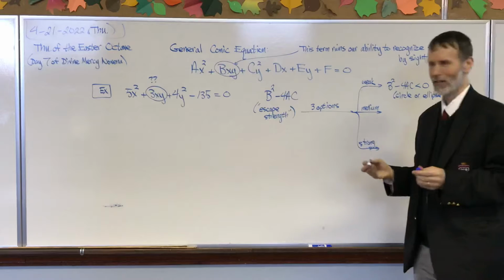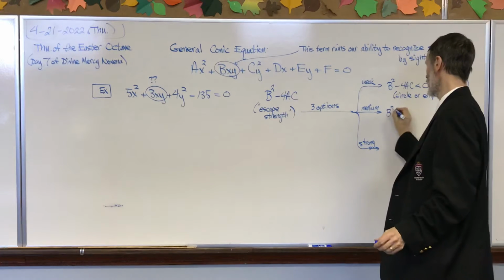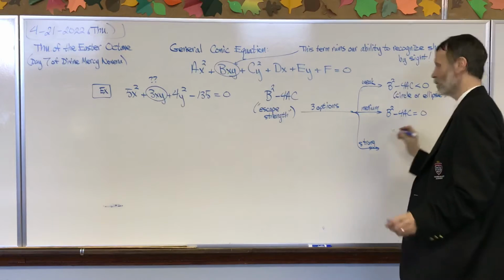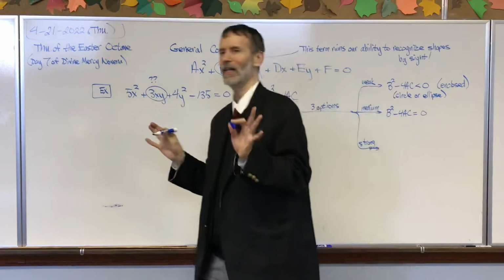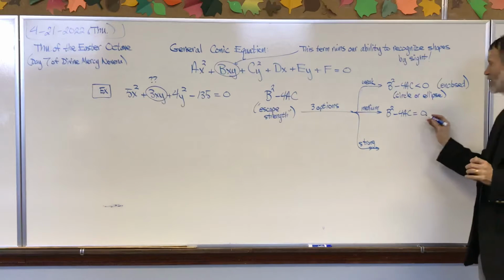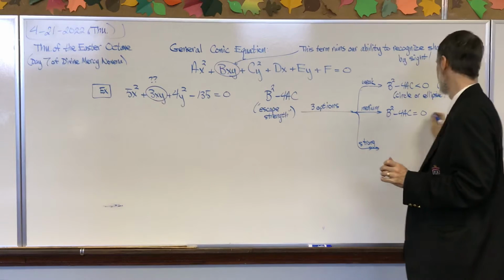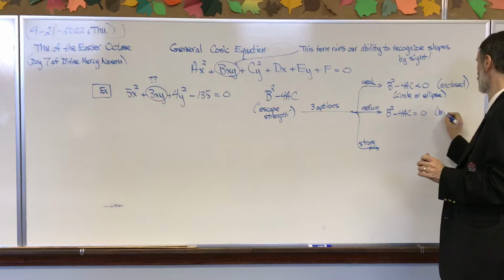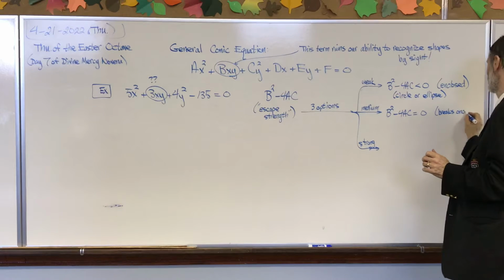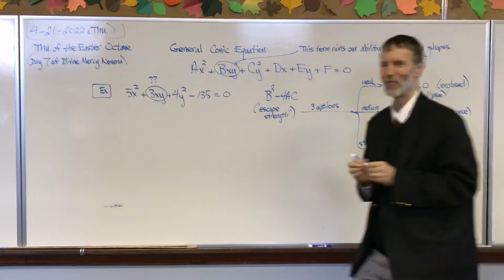If it's medium escape strength, if b squared minus 4ac is exactly equal to 0, if it's just barely 0, that means it breaks out once. Not exactly sure what mental image to use on that.